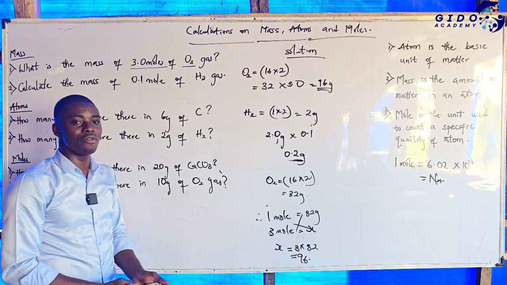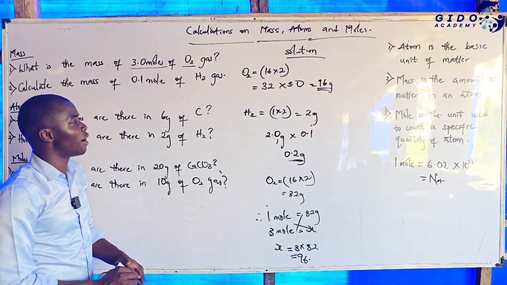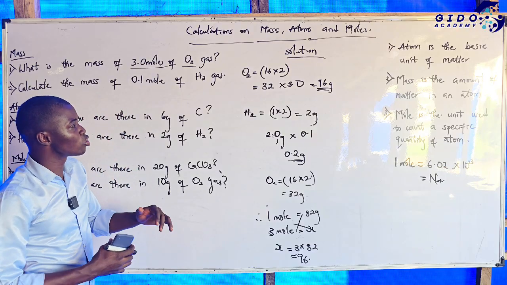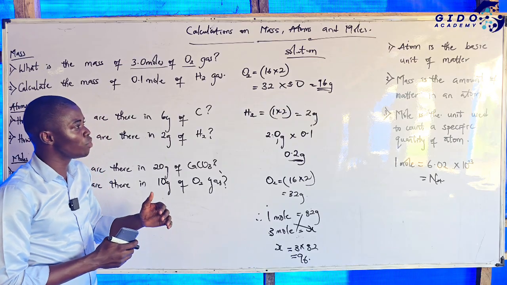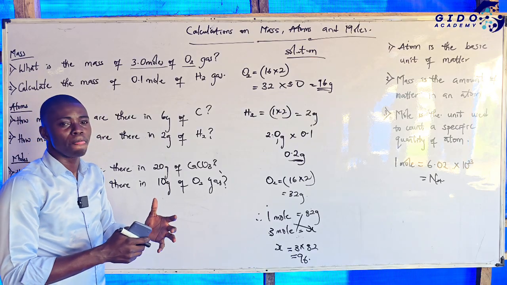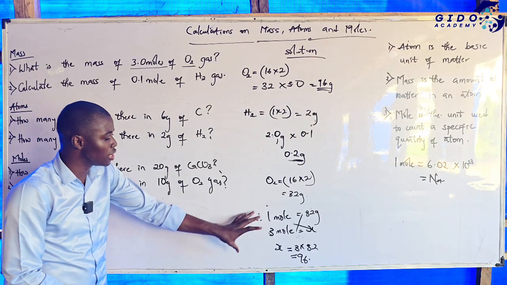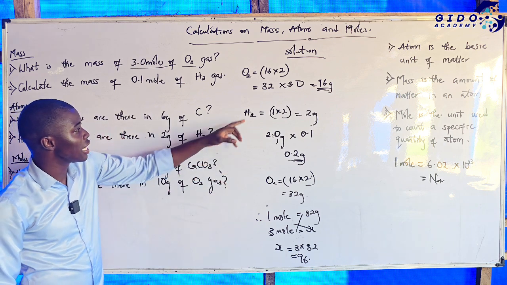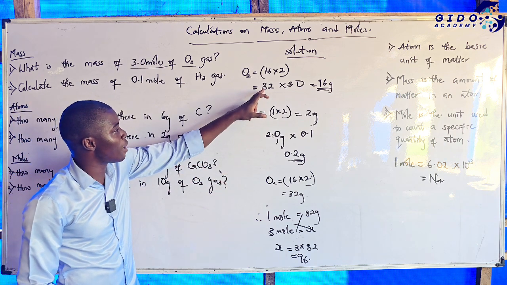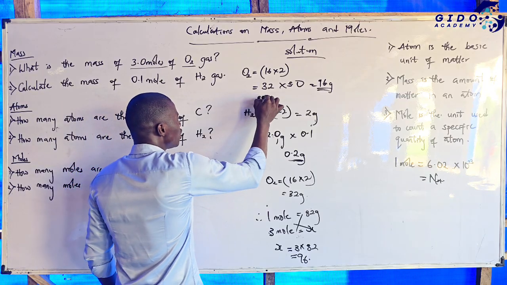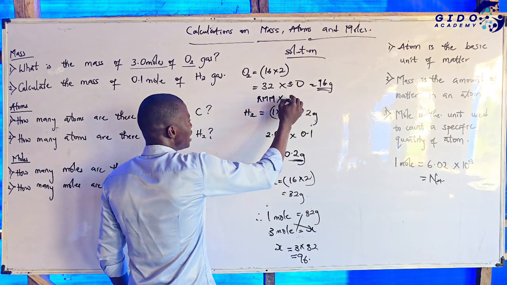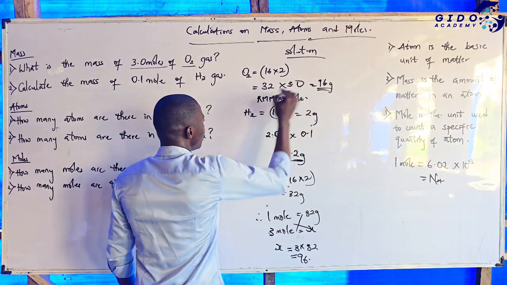You can try to solve it in this format, but our major goal is to solve it accurately, to get your answer correctly, and to be able to solve in less time compared to doing this long method. So the first thing is, get the molar mass and multiply the molar mass times the number of moles. So the formula remains the relative molecular mass of the compound times the number of moles present.